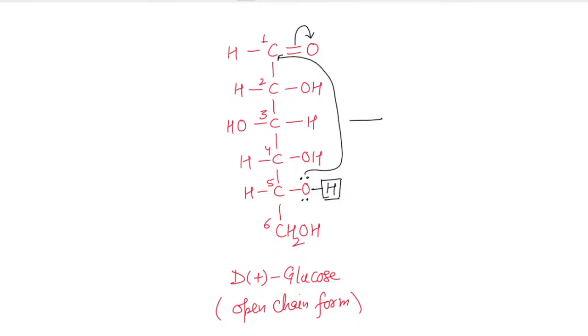So when this OH is formed, this OH may be in orientation like OH on the right side or OH on the left side. So see 1, 2, 3, 4, 5 and 6. Sixth carbon is like CH2OH. So there is one oxygen here.